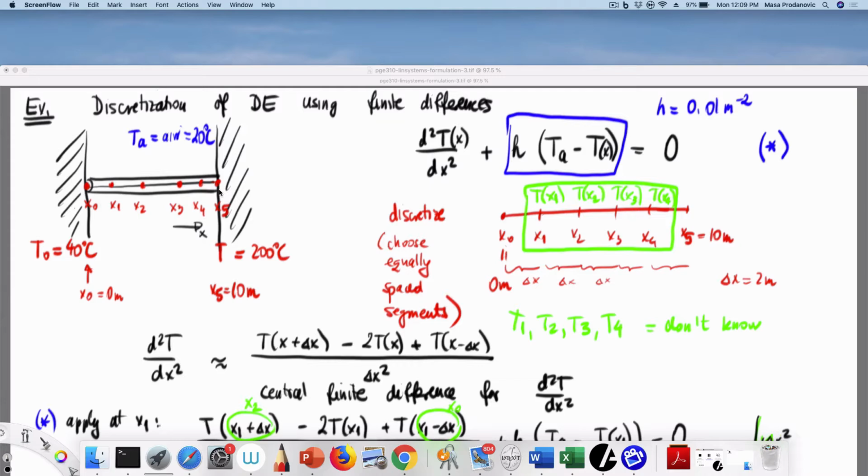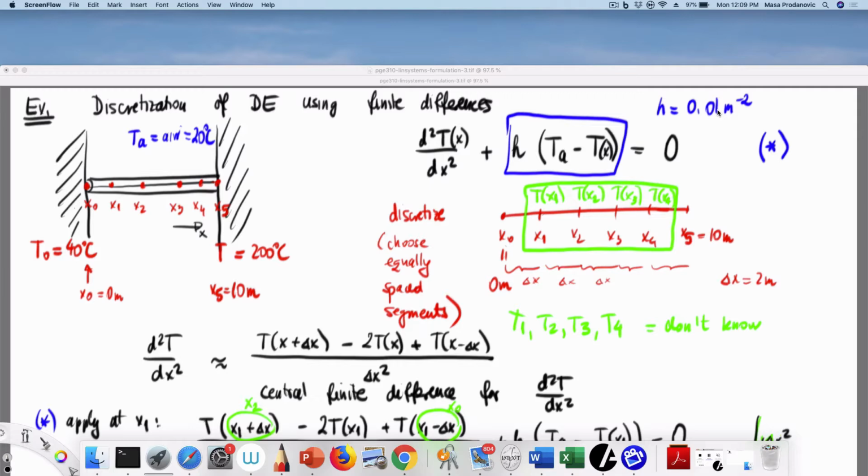I know that my d squared T dx squared, so the second order derivative in temperature, plus whatever transfer is happening between the rod and the surrounding air, which is at 20 Celsius degrees. So in this setup, I actually have this h, which is experimentally measured, and it's given right up there. So h is 0.01, meter to the minus 2.